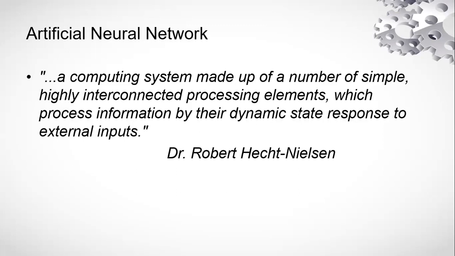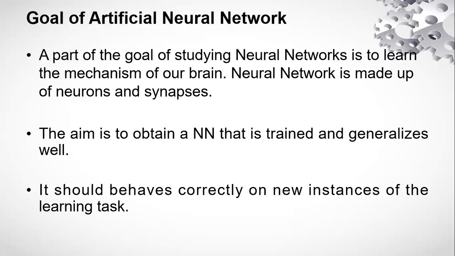So certain input is given and computing is done on these highly interconnected processing elements, which will process the information, and they are going to give you output on the basis of their dynamic state, not on a static state. So the response will be highly intelligent. This is the basic definition of an artificial neural network.